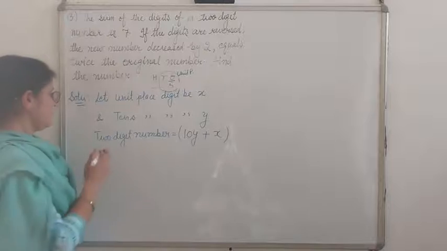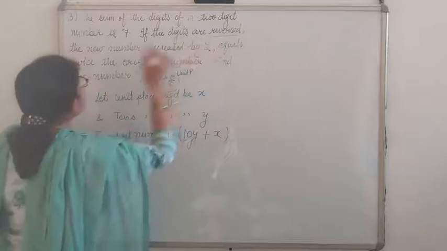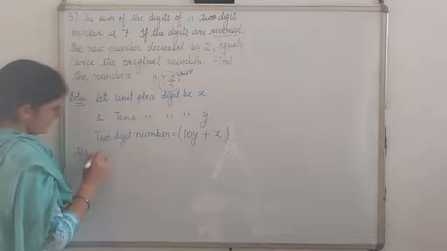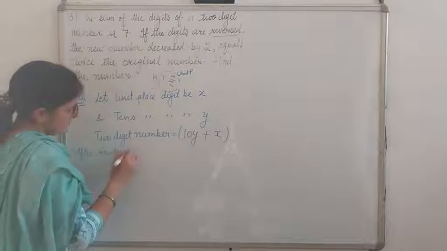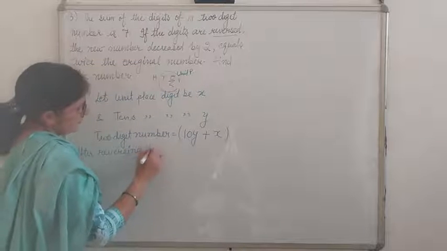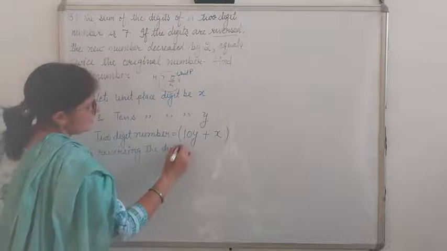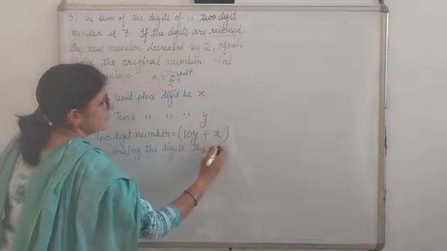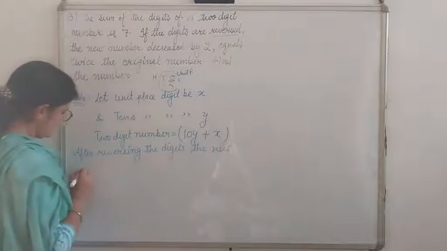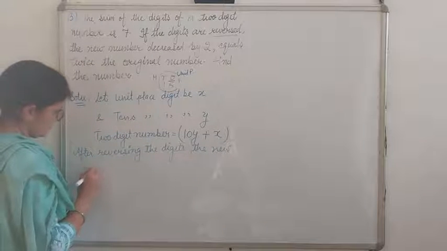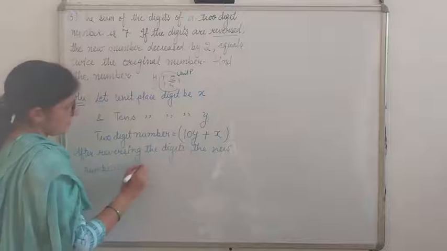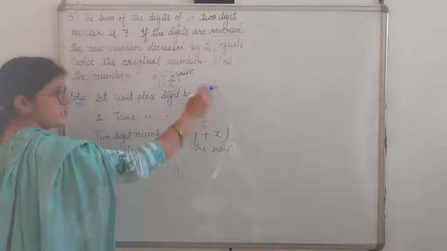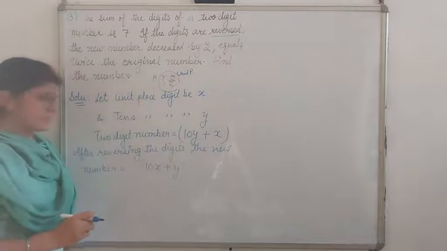Okay. They said if we reverse the digits, after reversing the digits, the new number is 10x plus y, because they interchange their places.